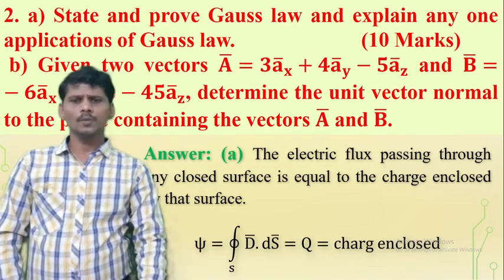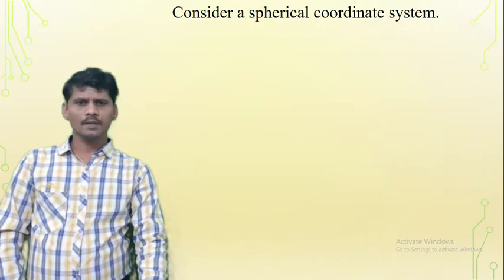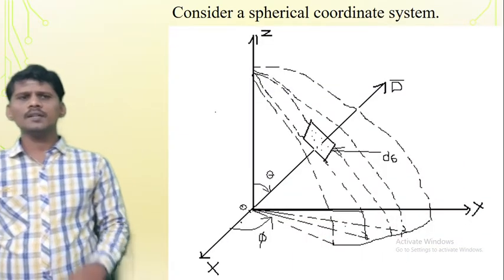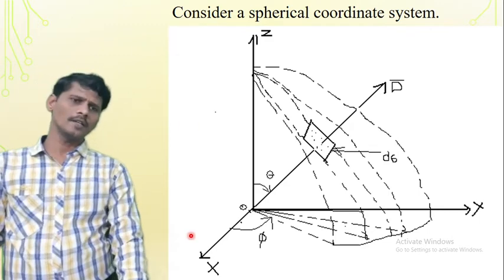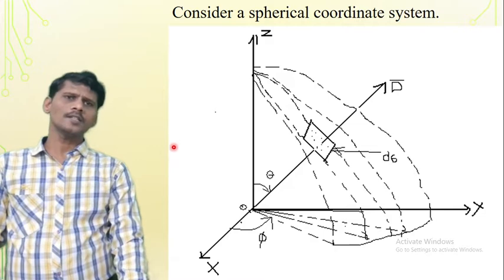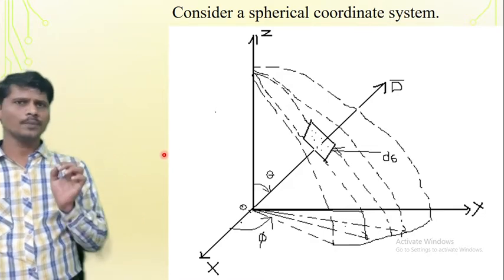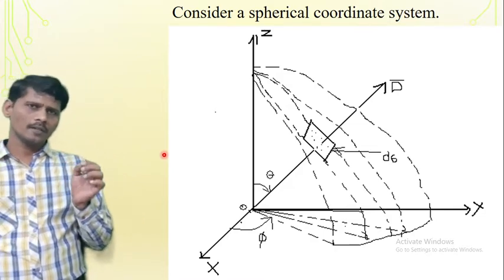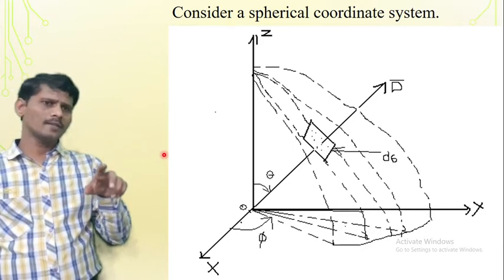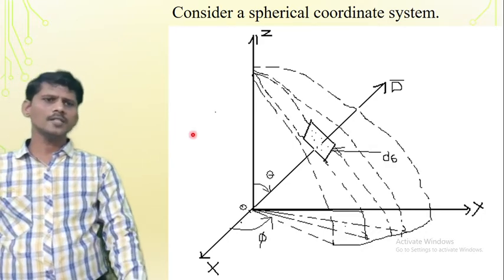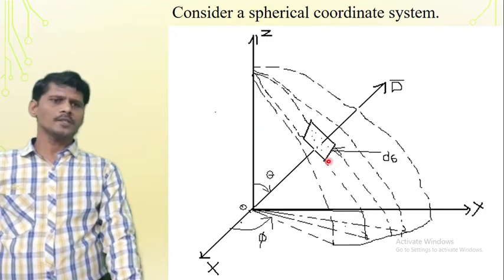Now coming to the proof of Gauss law. Consider a spherical coordinate system. In the spherical coordinate system, consider the point P on the sphere. At that point P, consider a differential surface ds.